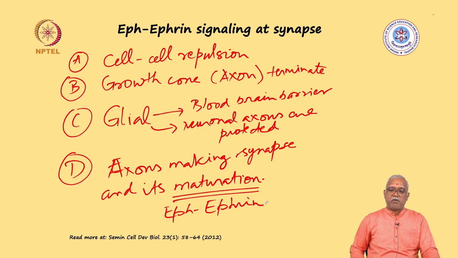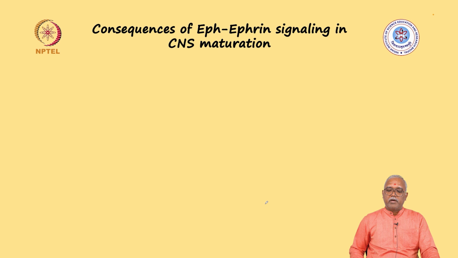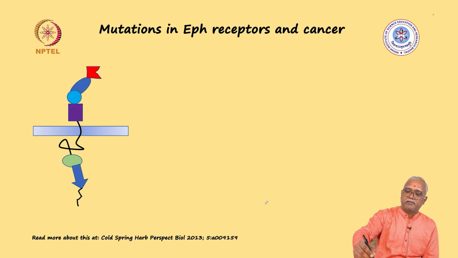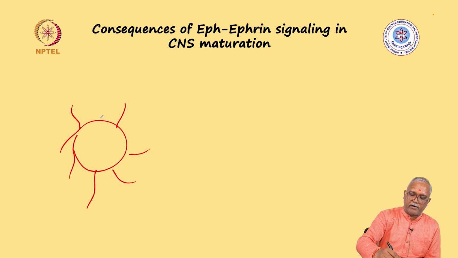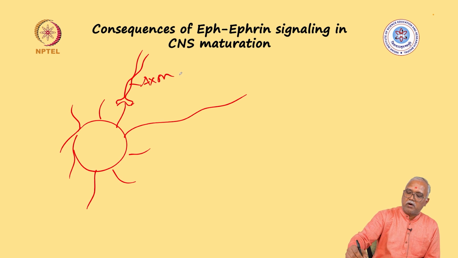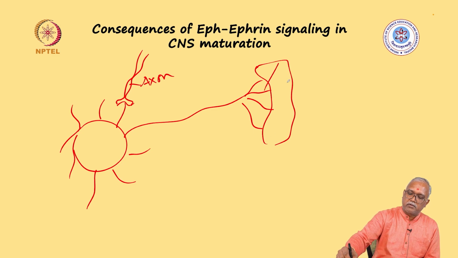So this becomes a very important molecule. In the CNS, as I have been mentioning, maturation is very important, and one very important aspect is the dendrites making contact with the axon terminal, or axons terminating in tissues, and the different types of synapses which are forming.